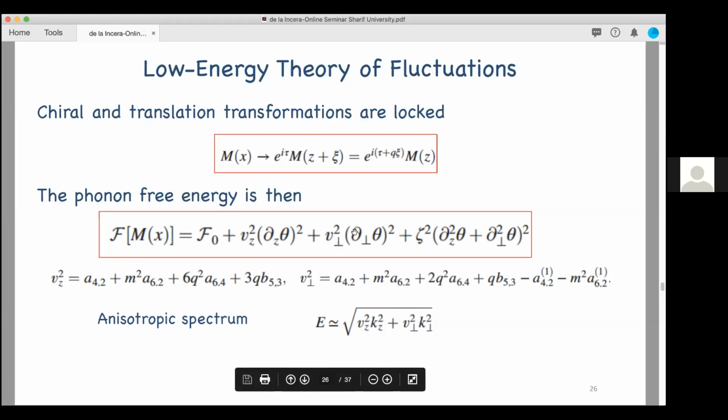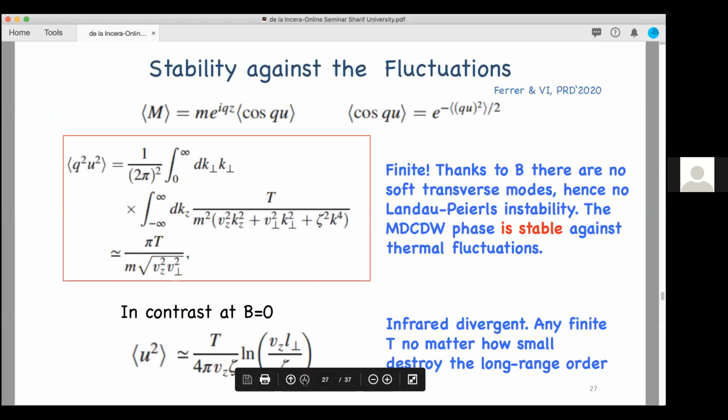So, okay, this is the spectrum that comes from here. We now can calculate how the fluctuations affect the average of the condensate. So for that, you calculate the average when you have fluctuations. The condensate is perturbed by the fluctuations, and you average that, and you can show that it is proportional to this, that can be written in this way.